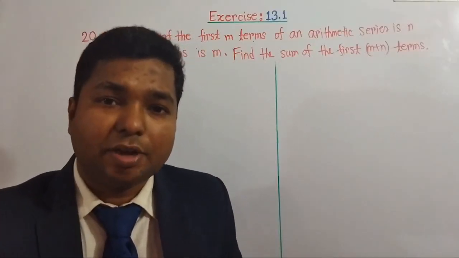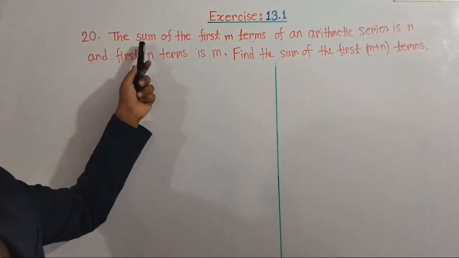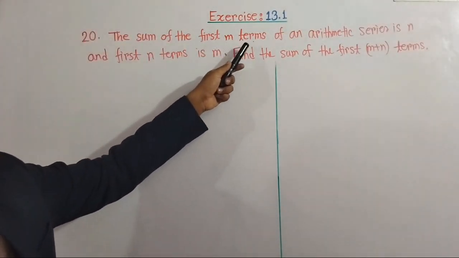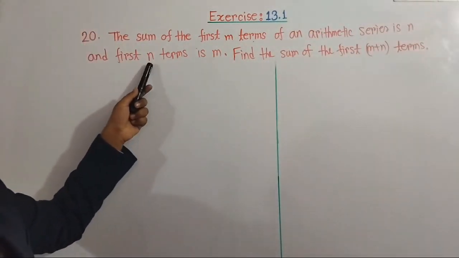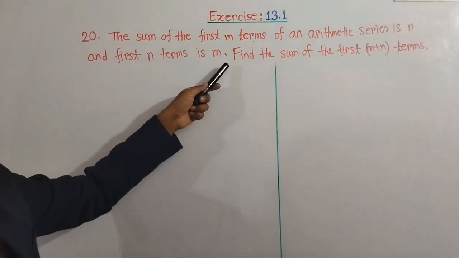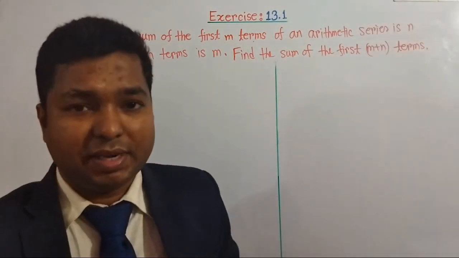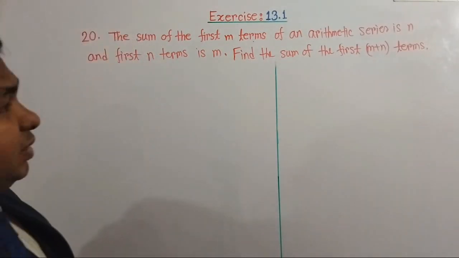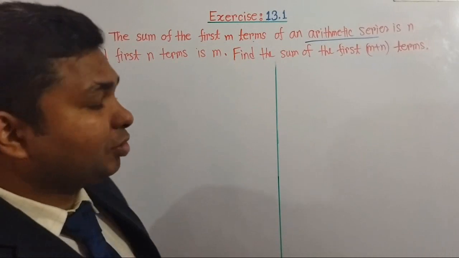My dear students, now you solve question number 20. Here question number 20: the sum of the first m terms of an arithmetic series is n, and the sum of the first n terms is m. Then find the sum of the first m plus n terms. Here the series is an arithmetic series, but the series is not given.